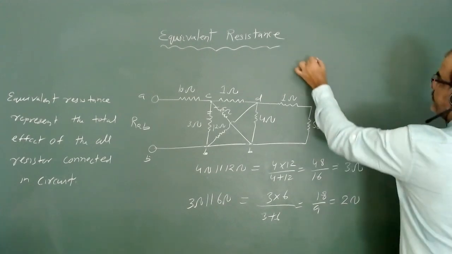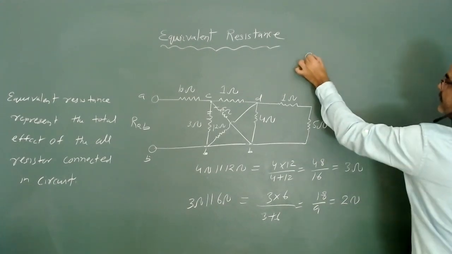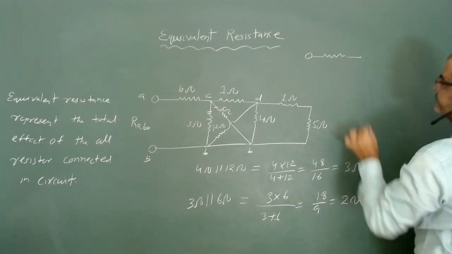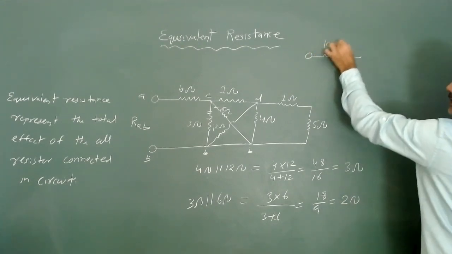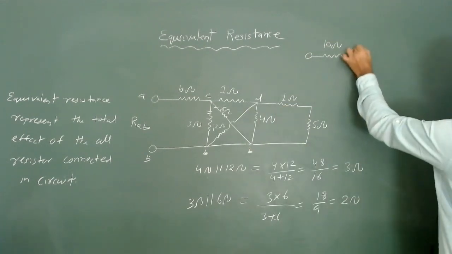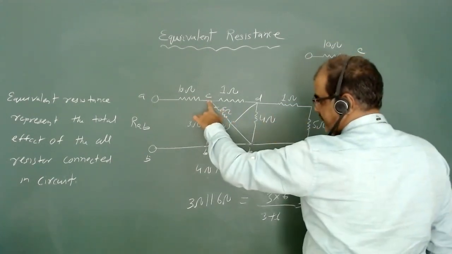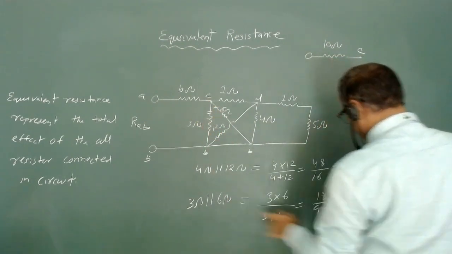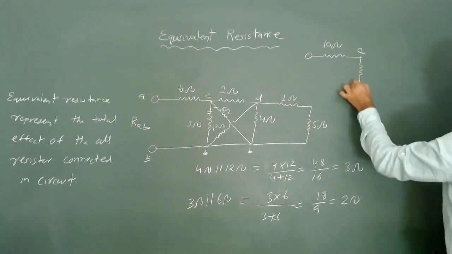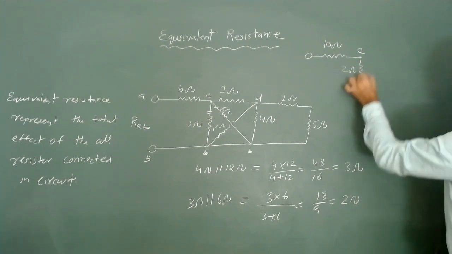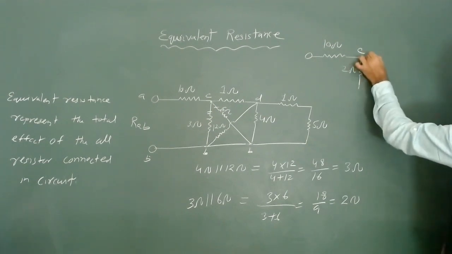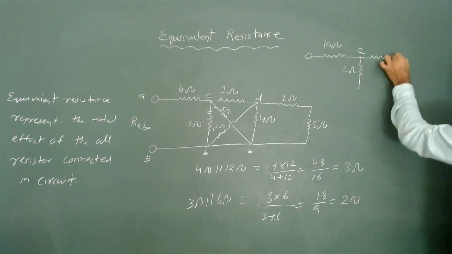I have a terminal A, and across it I have one resistance of 10 ohm. If I take this point C, I have resistances 6 ohm and 3 ohm, that is 2 ohm. So I have a 2 ohm resistance here. Between C and D, I have 1 ohm resistance.